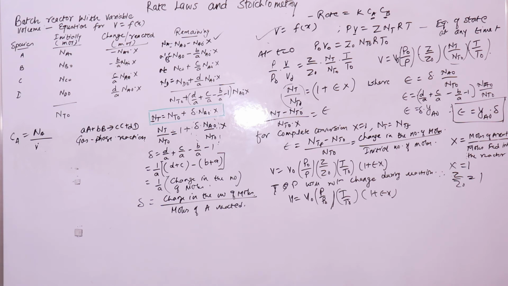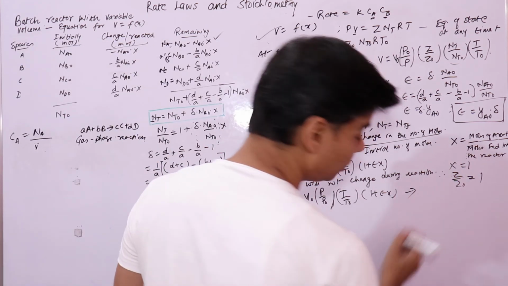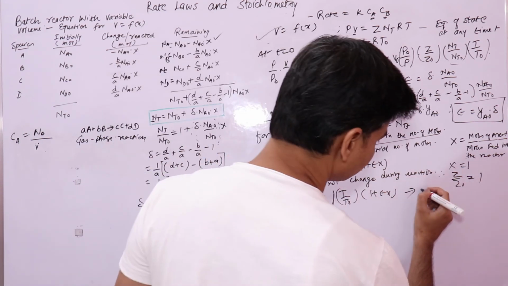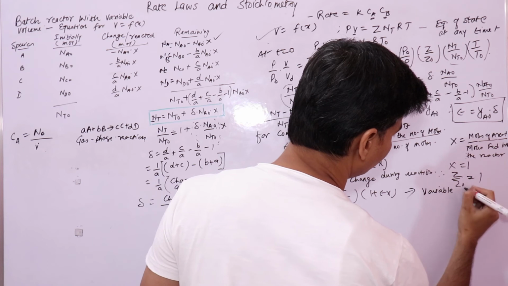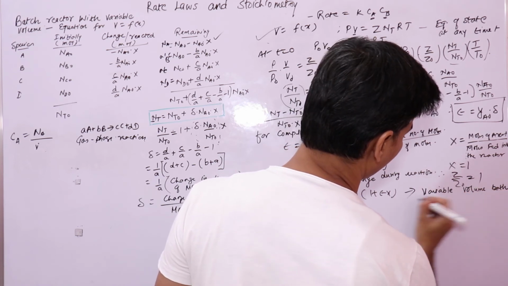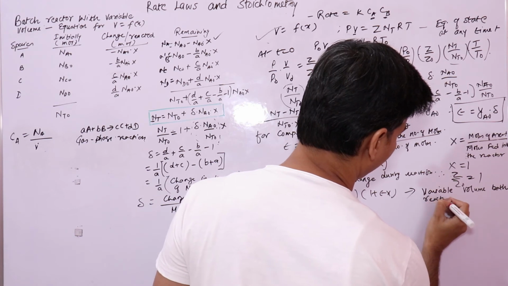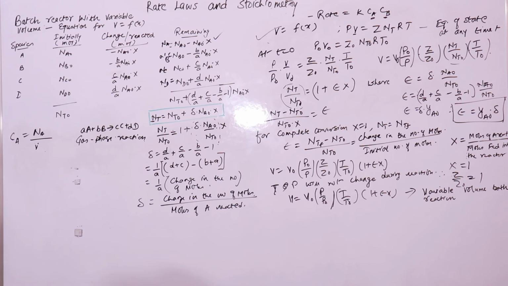This is the expression for volume of gas for a variable volume batch reaction. Because we are doing it for a batch reactor, this variable volume represents a batch reaction.